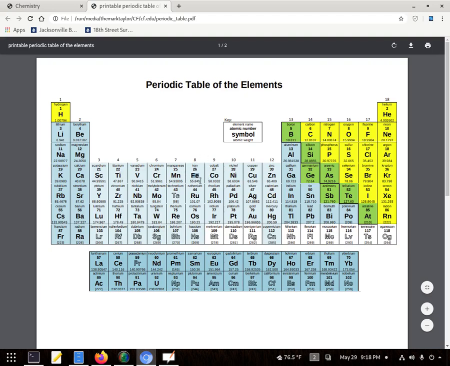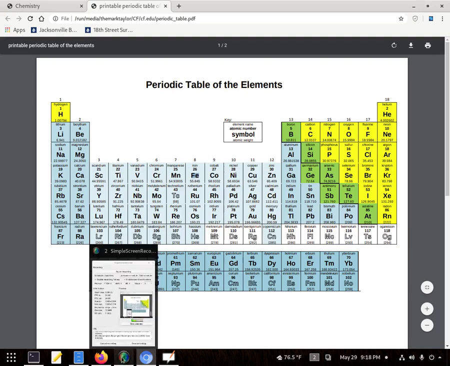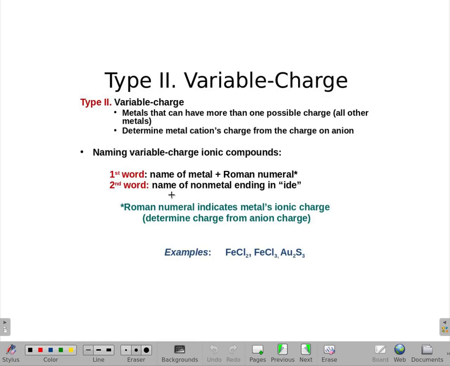Well, the reason we skipped items like iron and all these other guys is because they don't have just one charge state. Iron, for instance, can be more than one. So what we would see on something like iron, we would actually see the word iron and then in parentheses a Roman numeral.